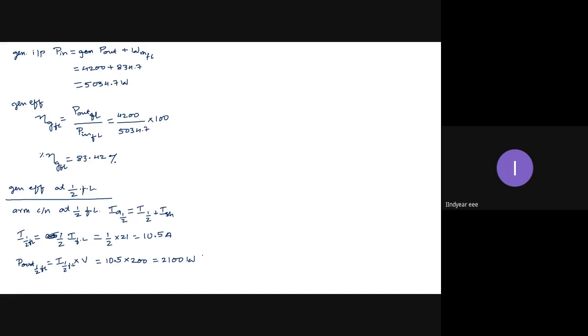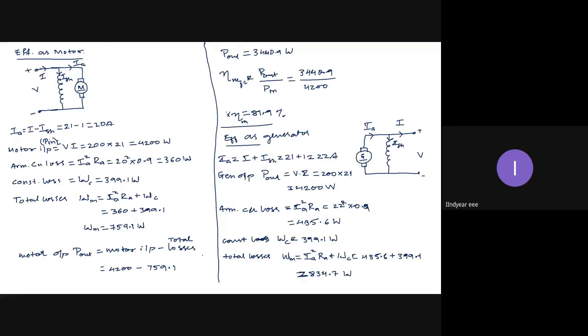Yes or no? Half the full load means the power drawn by the load from the generator is half. The full load output power was 4200, so my half the full load generator power is half of that, divided by 2. But from where do I get this? Because the current drawn by the load is half. So observe, this is valid only for a generator. When there is no load connected to the output terminals, current I is 0.